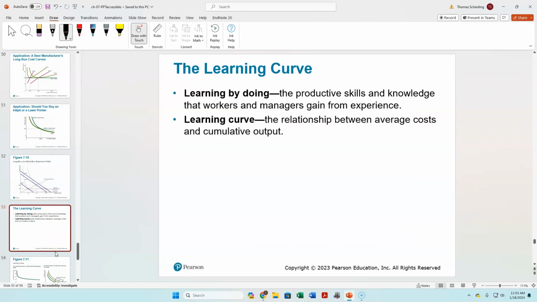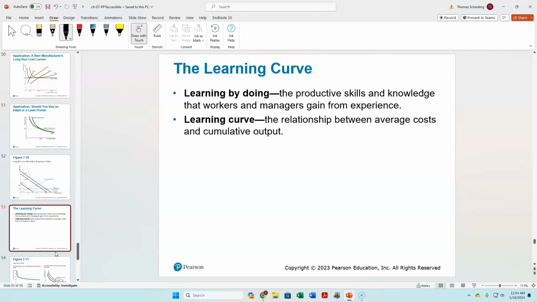The final thing for this chapter, well, two things here, but the penultimate thing is that the other thing we need to look at is how costs change just because of learning by doing.